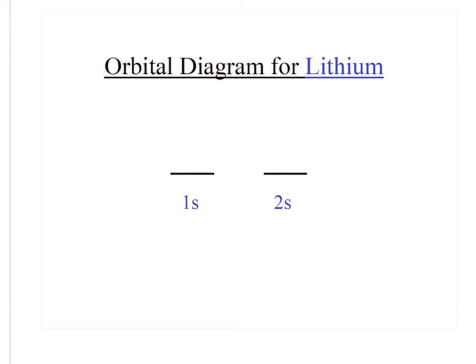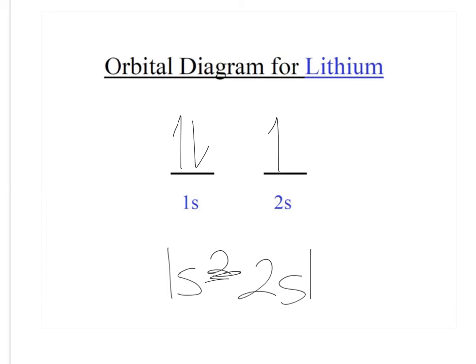So for lithium, if you remember, our electron configuration for lithium is 1s2, 2s1. So we're going to fill the arrows. We have 2 electrons in the first block, so one goes up, one goes down. And then we have 1 in the second shell, and it spins up. It's always up, down, up, down.